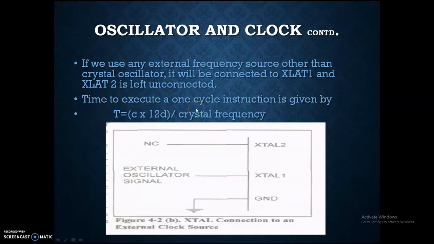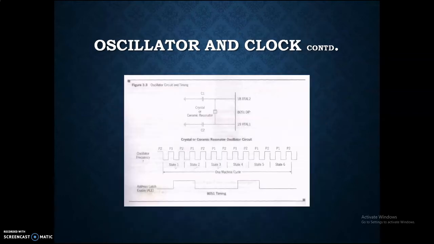The time to execute a single cycle of instruction is given by T = C into 12D by the crystal frequency. Here D will be 1. So this is the circuit of the external clock source. And this is the timing diagram.